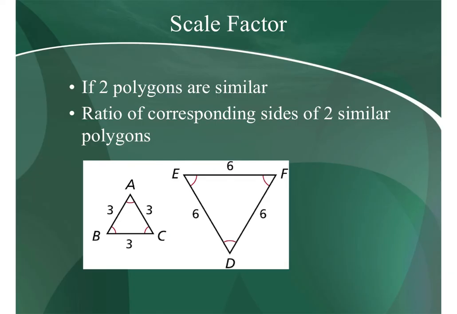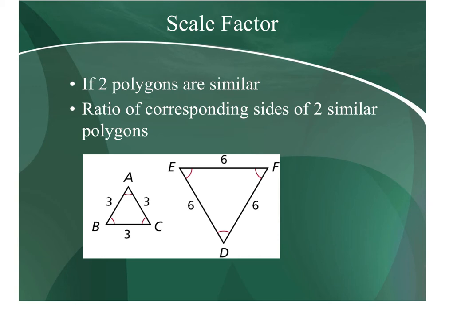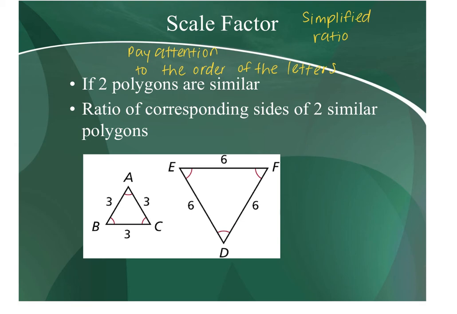All right, moving on. If two polygons are similar, the ratio of corresponding sides of two similar polygons, that is what we call the scale factor, okay? It's also known as a simplified ratio. And pay attention to the order of the letters. Okay?